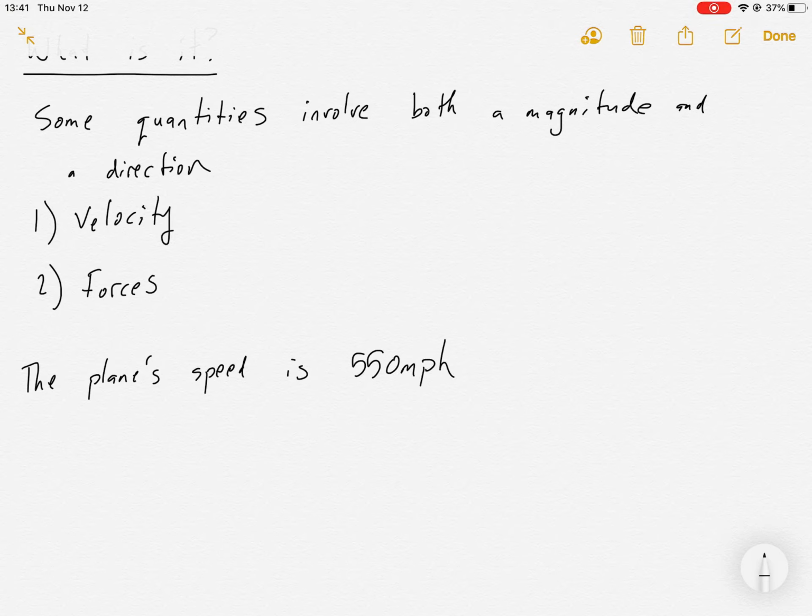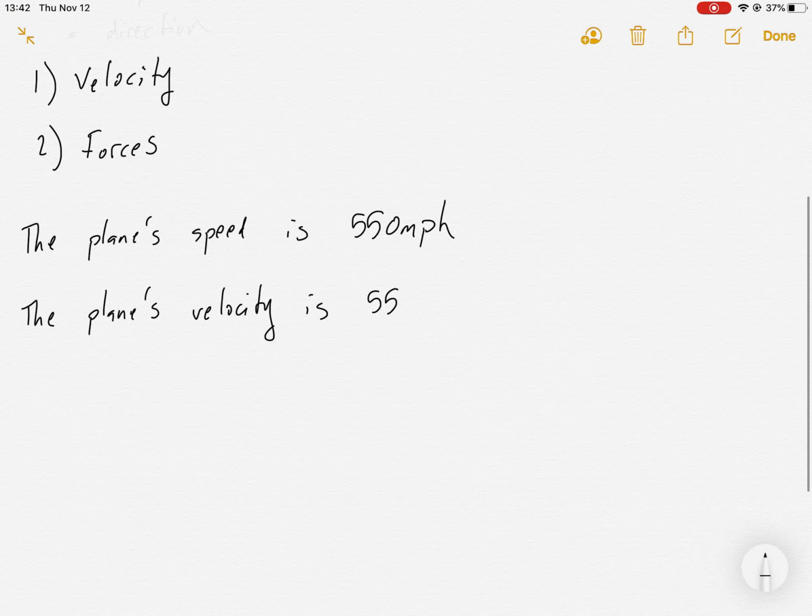But if I said the plane's velocity is 550 miles per hour bearing 45 degrees, now you know, rather than just some speed of 550, which way you're going.